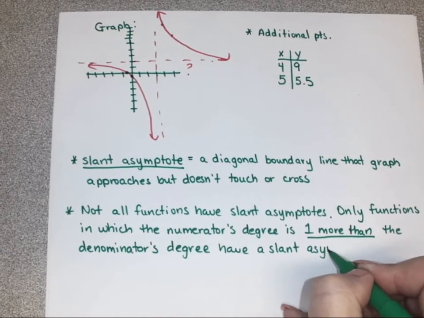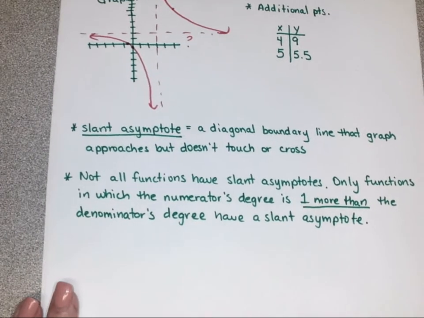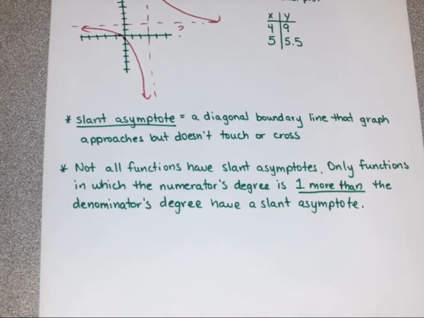And so the vast majority of rational functions aren't even going to have this at all. Okay, but there are a select few, and so that's why we're going to talk about it briefly.